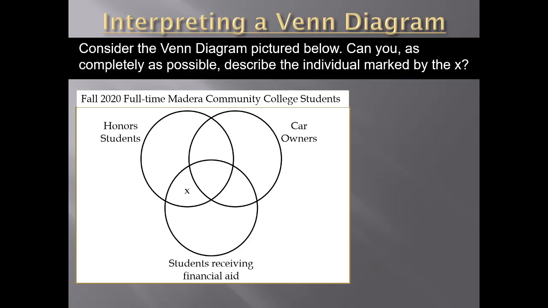And then we have three samples, three subsets of that population. We have a subset for honor students, we have a subset for car owners, and a subset for students receiving financial aid. And there's an X drawn in one of those overlapping spots.